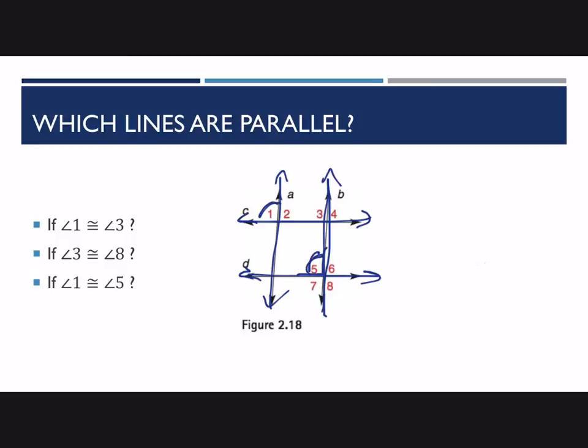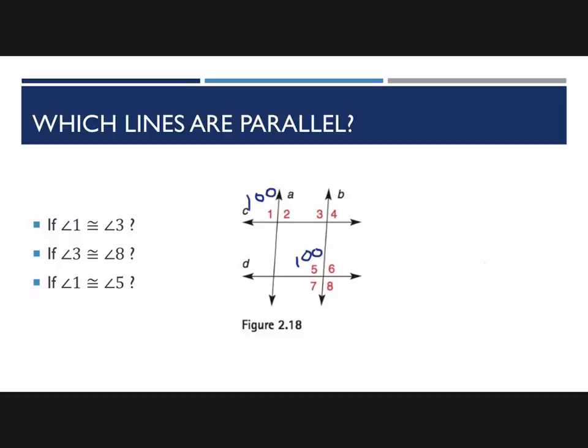Well, one option is that we have too much information, so maybe A and B are parallel and C and D, or maybe we don't actually have enough information. So try to think about the relationship between 1 and 5, and sometimes it's helpful to put numbers to this. So let's say 1 and 5 are maybe like 100 degrees. I'm going to erase this. We had all of these traced anyway. So let's say these are 100.